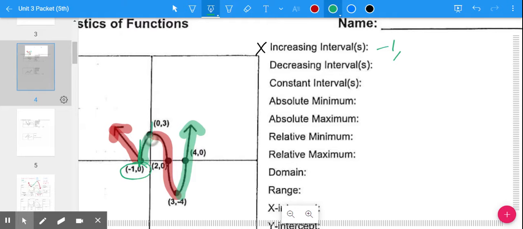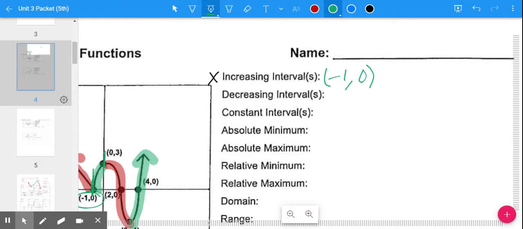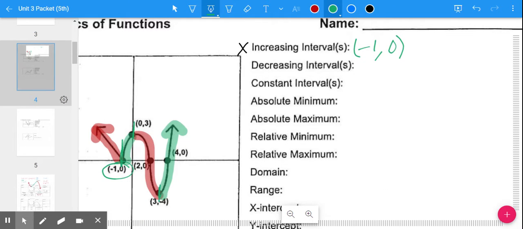It stops increasing right here, around (0, 3), so the x value is 0. That's not the only place it is increasing, so we have to put the other one. It begins increasing right here at (3, -4), so the x value is 3.